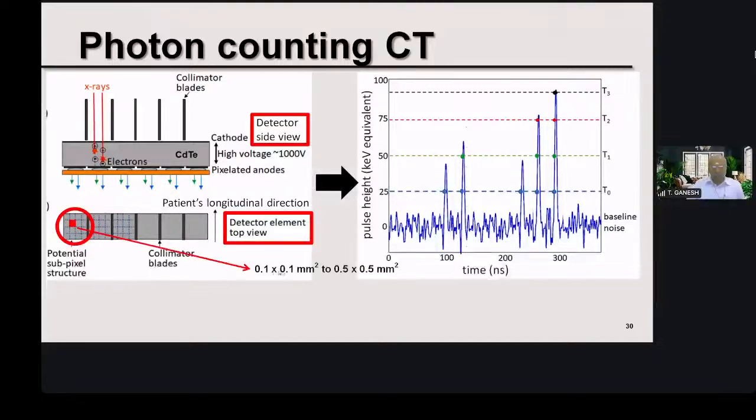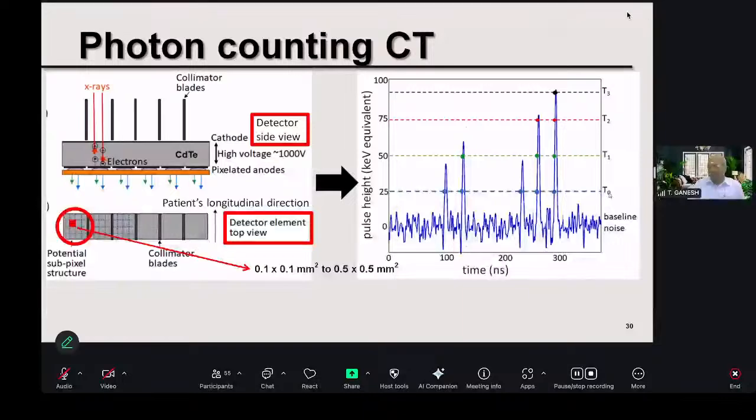So that is one anode, and that is about 0.1 millimeter by 0.1 millimeter square to about 0.5 by 0.5 millimeter square. Now, the signals from these are processed, and you can see here the baseline noise, they are not counted, and only when the signal exceeds this threshold level, then they are counted here, 5.